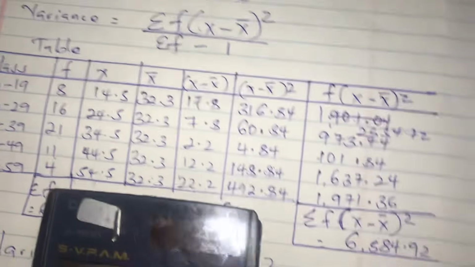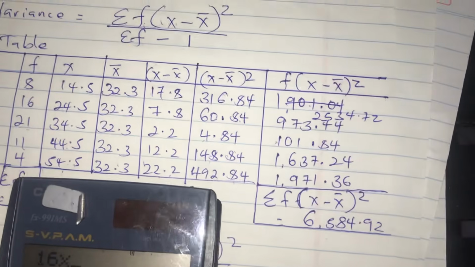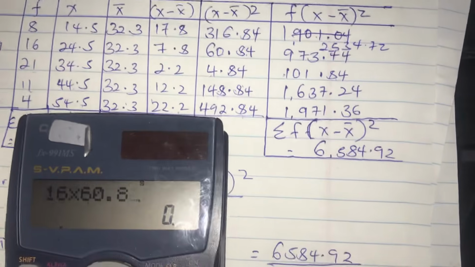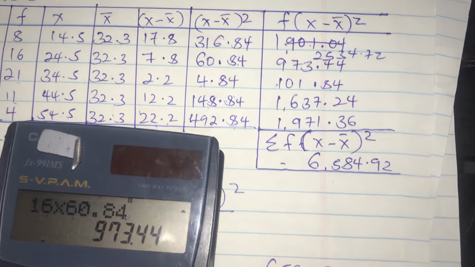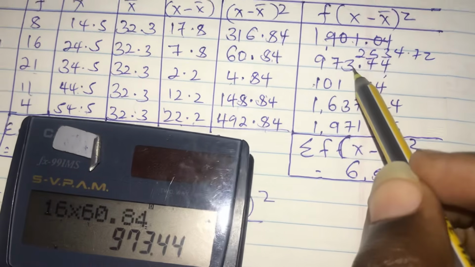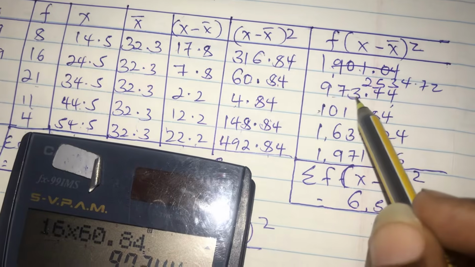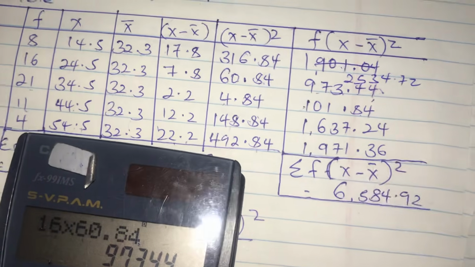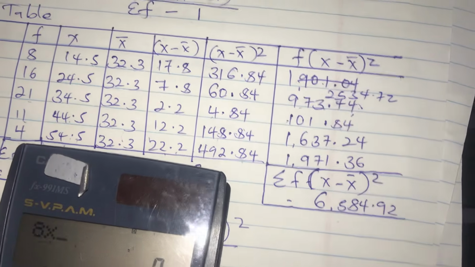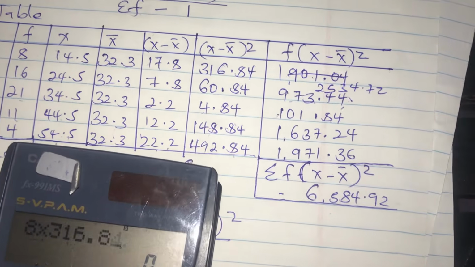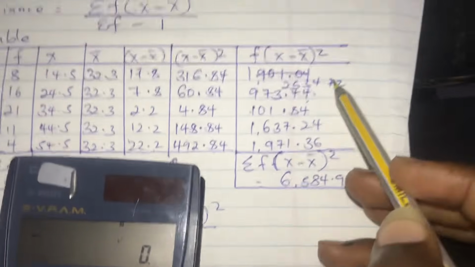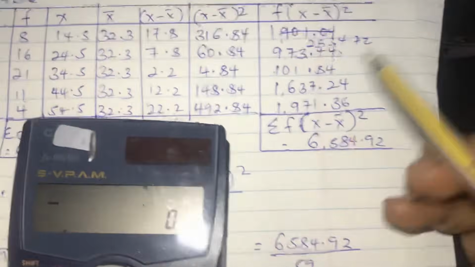Then the next one, 16 times 60.84, yes, that is correct, 973.44. The first one I made a mistake, but the second one is okay, and the rest are okay.